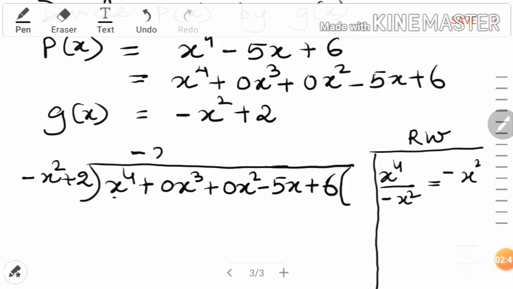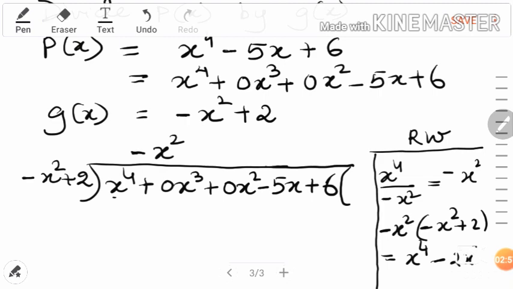So first term of the quotient is minus x square. Now we multiply minus x square to each term of the divisor. So this is equal to x to the power 4 minus 2x square.